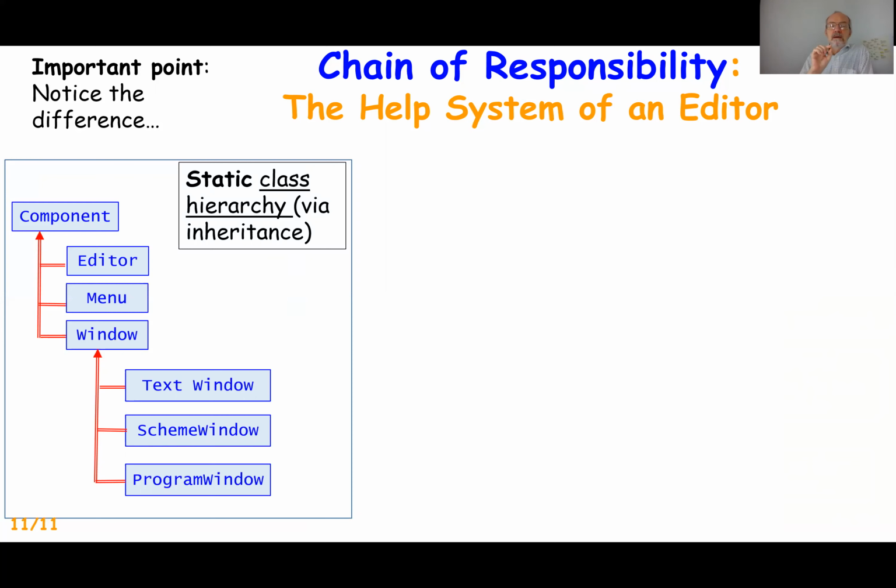And my very important point for you is to make the difference between this static structure as we see in the program text and the dynamic structure of the software system. Dynamic structure means that we have created some instances of these classes, and these instances are in some relationships with each other.